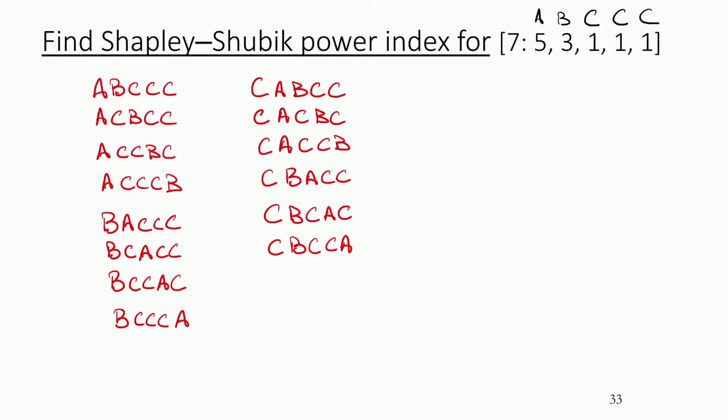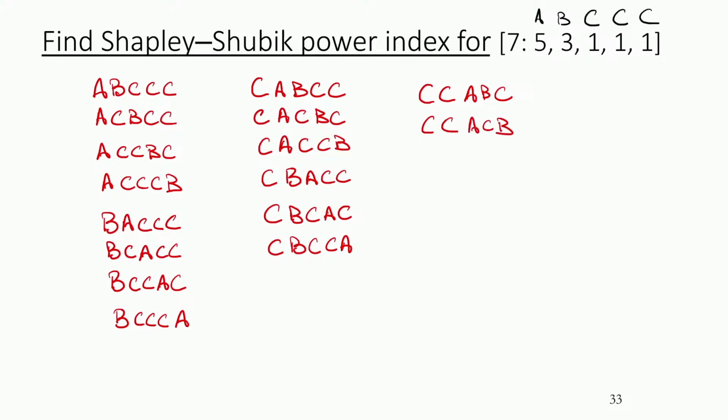All right, so it looks like I've got all of the permutations where A is at the front, all the permutations where B is starting out, and then I've got all the permutations where C is starting and the next letter is not C. So let's do the ones where you have C to start and the next letter is C. So you have C, C, A, B, C. This isn't going to be hard, is it?